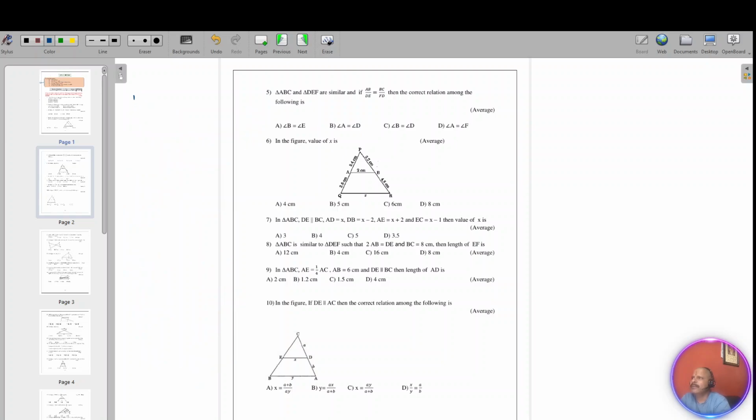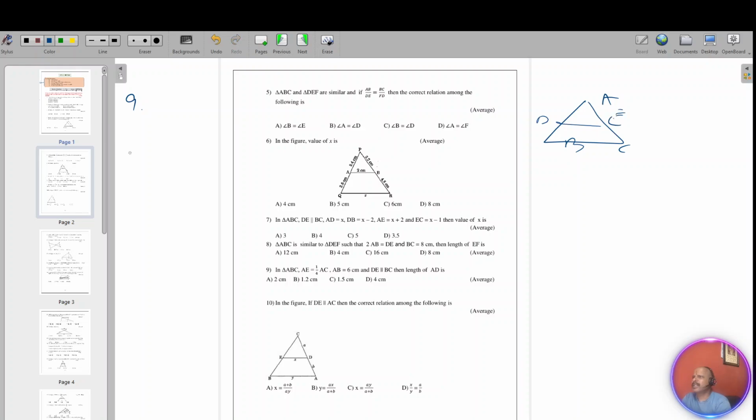This is the ninth one. In triangle ABC, some ratio is given. We'll just draw that triangle ABC, with DE parallel to BC.